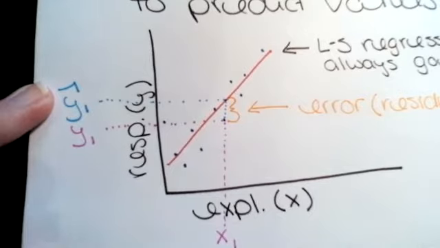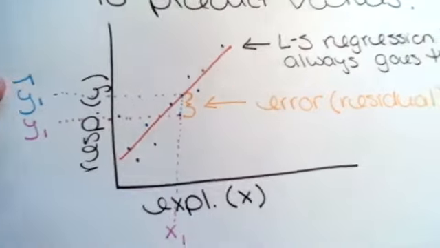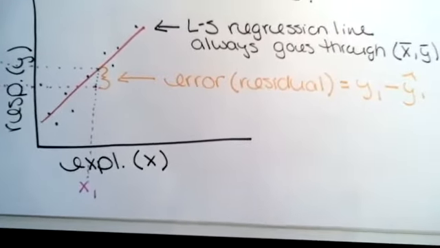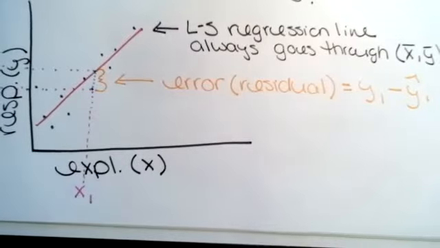And that is equal to my y1 minus my y hat 1. So the error, the difference between an actual and a predicted, is going to be the residual. And that is what the least squares regression line is minimizing. Okay?